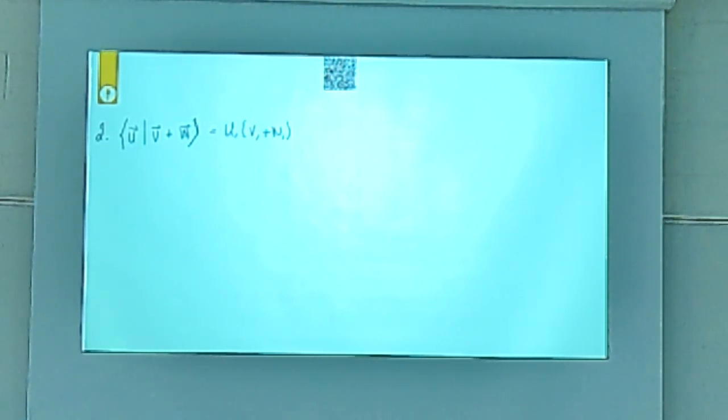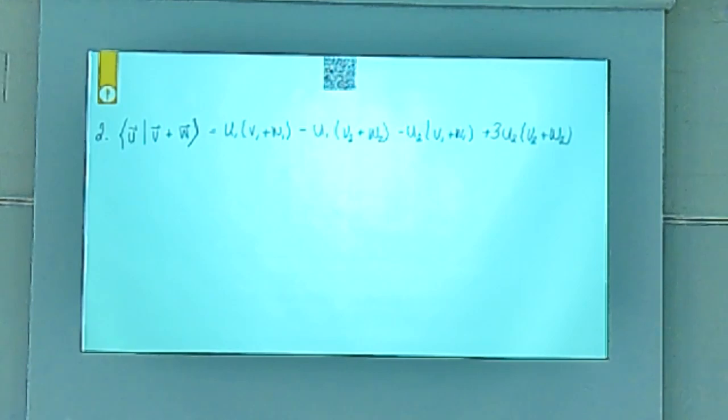All right, so v plus w would be v1 plus w1, v2 plus w2, right? We're dealing strictly with real numbers. And real numbers distribute.